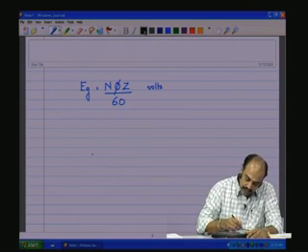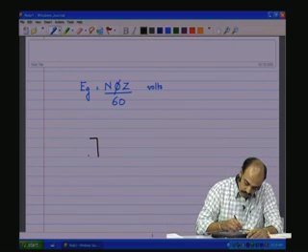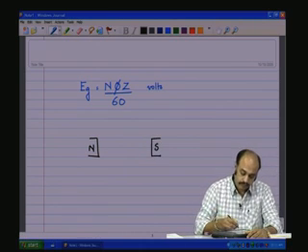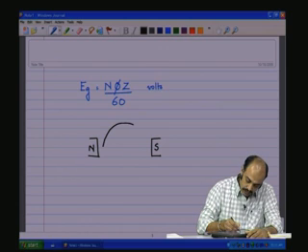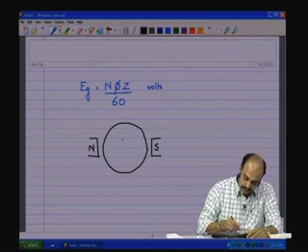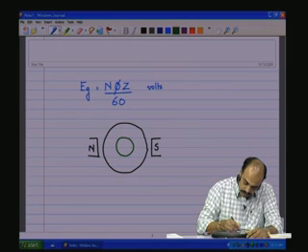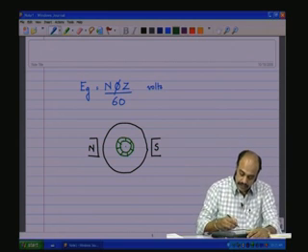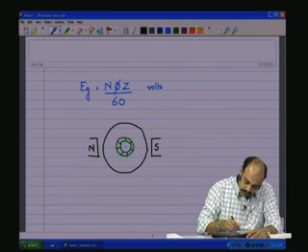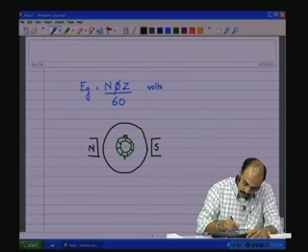Here we have always been assuming that there is just one set of north and south poles, and in between you have the armature, and inside we also draw the segmented commutator. So we have the commutator which is doing the job of rectification, and of course the brushes placed in the neutral zone.